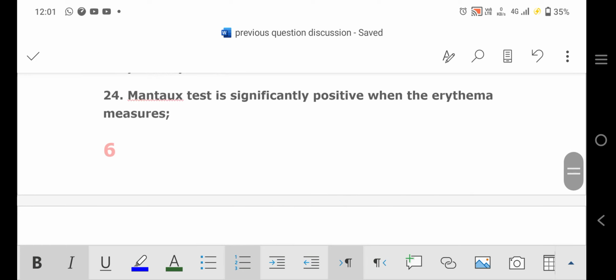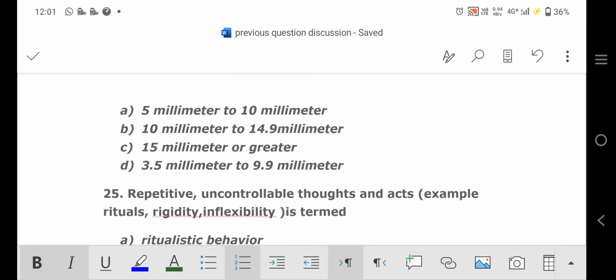Next question. Mantoux test is significantly positive when the erythema measures. Option A, 5 mm to 10 mm. Option B, 10 mm to 14.9 mm.